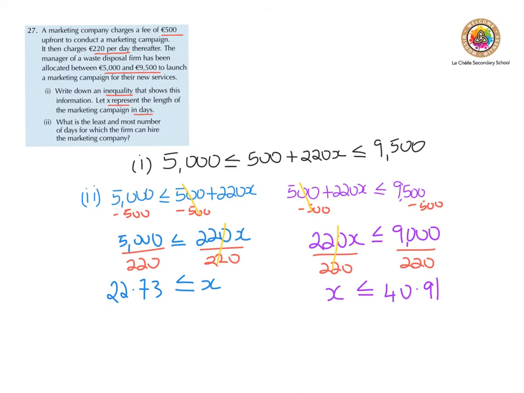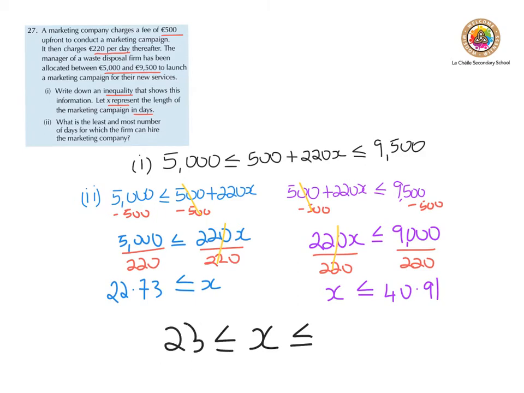And again then just putting both inequalities back together, but also it says number of days, so I'm going to round now to the nearest whole number, or the whole number that I suppose fits into the inequality. So the nearest whole number that's greater than 22.73, well, that's 23.